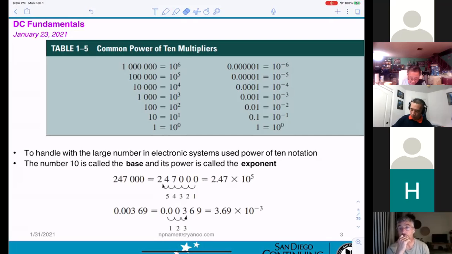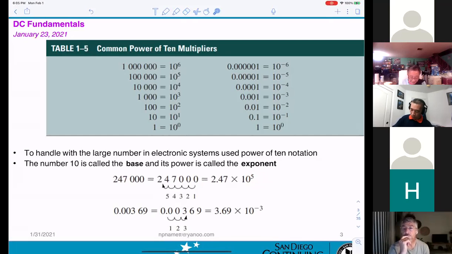In this case, you move to the left: 1, 2, 3, 4, 5. So 2.47 times 10 to the power of... You have to know what the power is. 1, 2, 3, 4, 5. So that's why it will be power of 5.